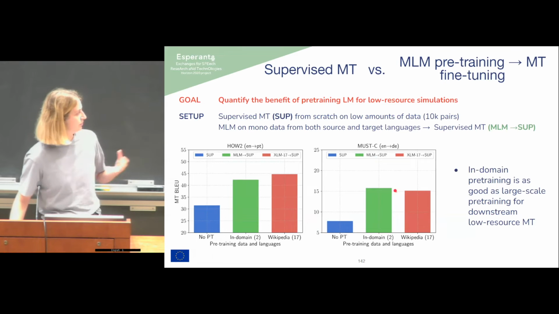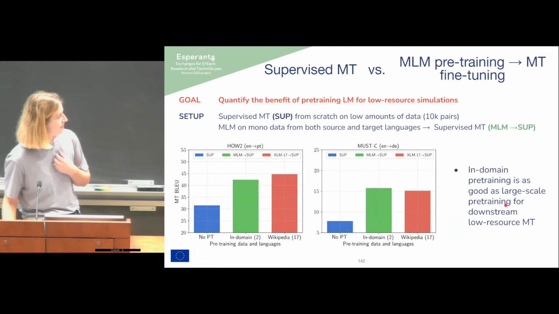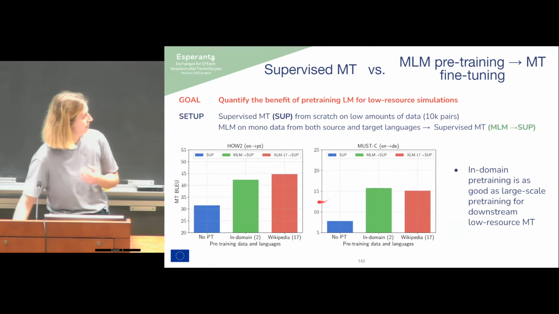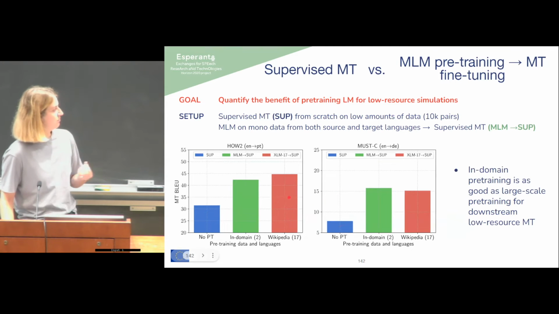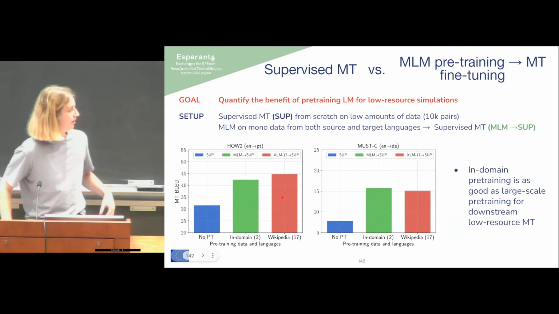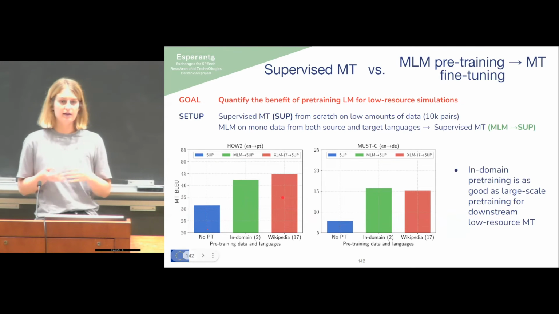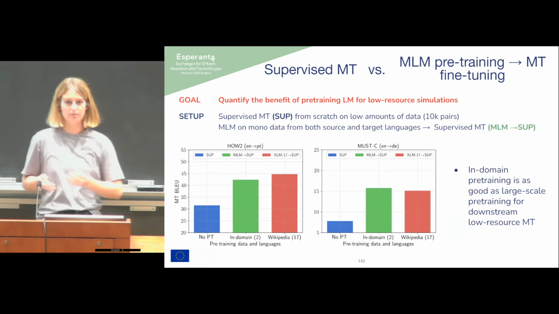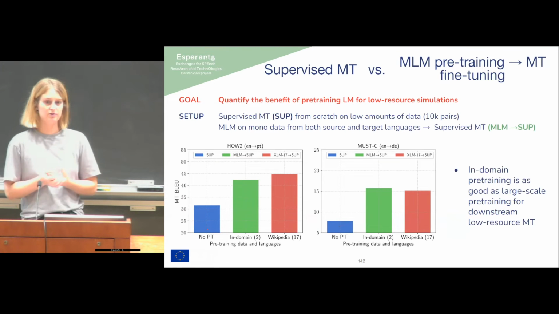Also, we wanted to compare using a large-scale pre-trained language model versus our pre-trained language model on in-domain parallel data. And as you can see between the green and the red plots, in-domain pre-training data is as good as using a large-scale pre-trained language model for low-resource machine translation.